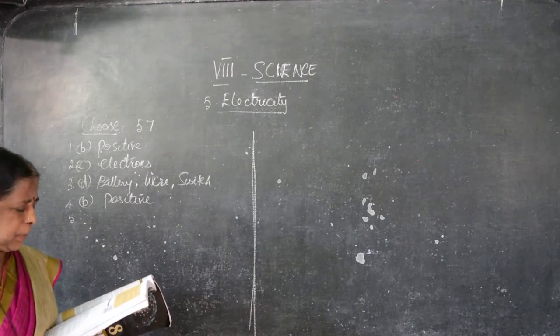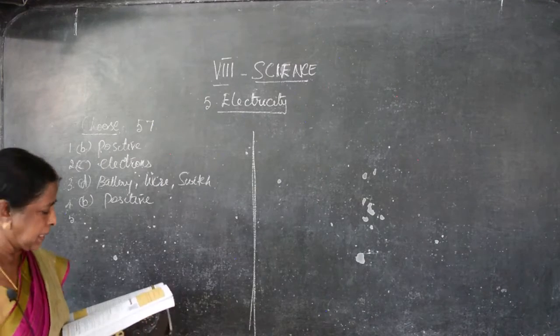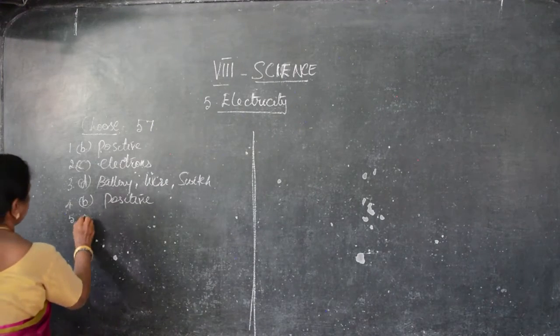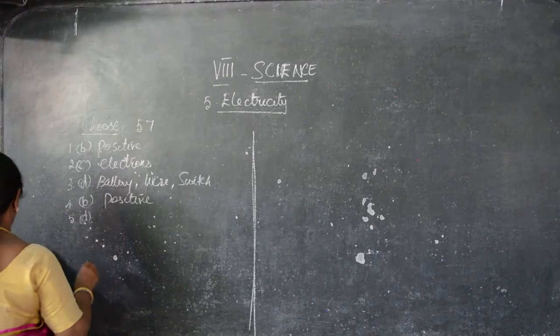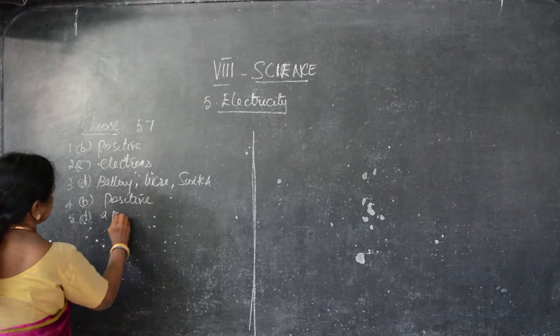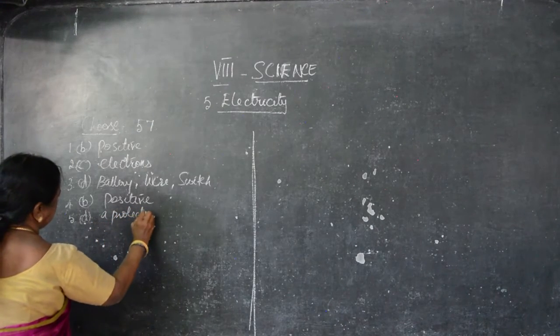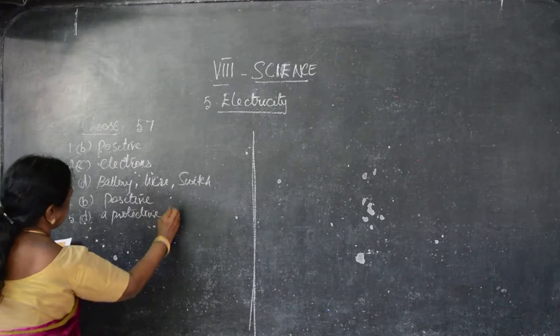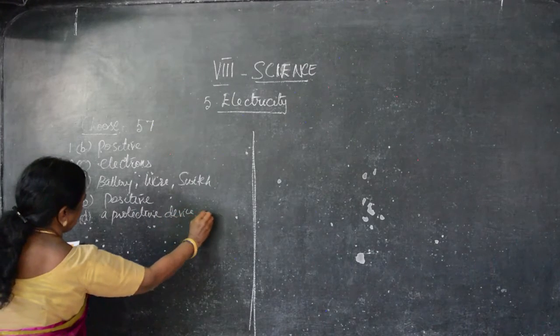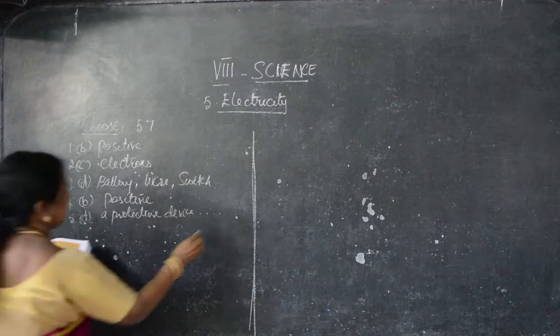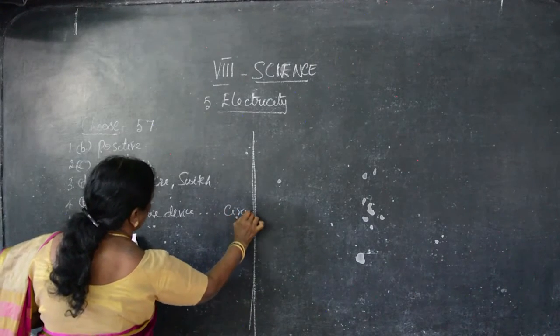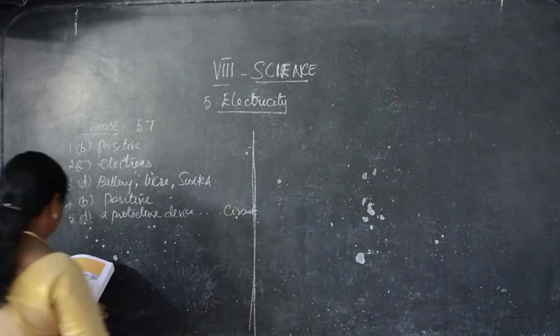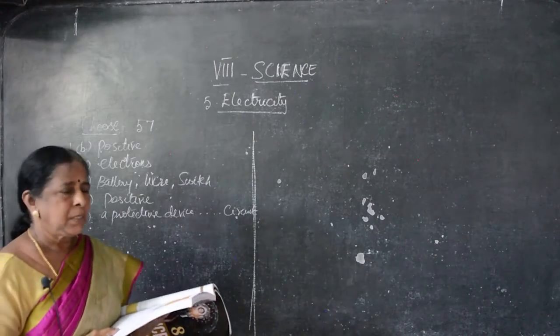D is the correct answer, a protective device for breaking an electric circuit. D, a protective device for breaking an electric circuit. Clear? So, is there any doubt in that?